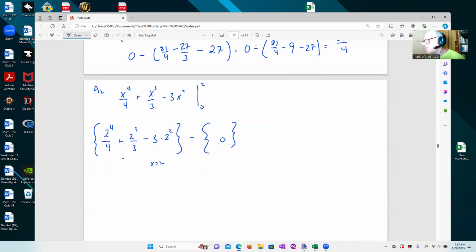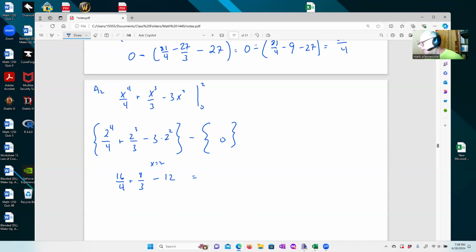Okay, 2 to the 4th is 16, so we end up with 16 over 4, plus 2 cubed is going to be 8 over 3, minus, and then we have 3 times 2 squared; 2 squared is 4, 4 times 3 is 12. So we ended up with this piece.